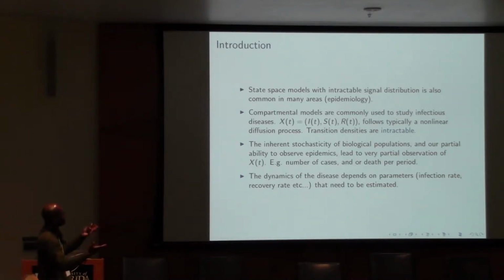But of course, if you have a large population, being able to follow everybody and know their status is a very complicated thing. But what they can get oftentimes would be perhaps the number of infected over a certain period of time, the number of deaths perhaps over a certain period of time, and this gives you a very natural state space model that fits in the description that I gave earlier.